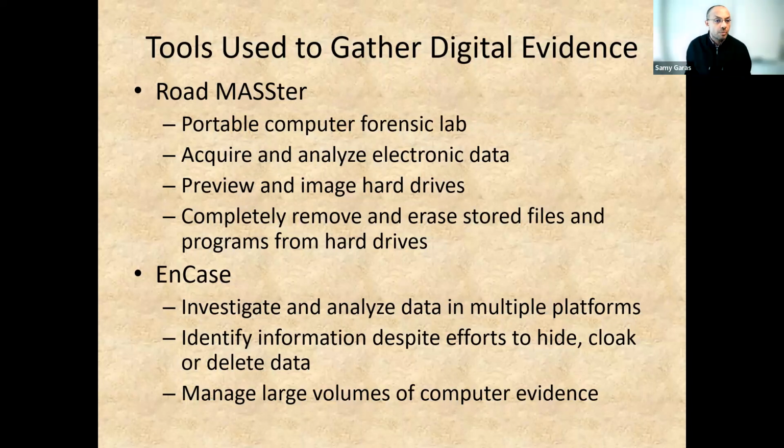It's a portable computer forensic lab to acquire and analyze the data, preview and image the hard drive, as I said, and remove and erase stored files and programs from the hard drive. So Roadmaster and EnCase are good examples of how to get access to the data.